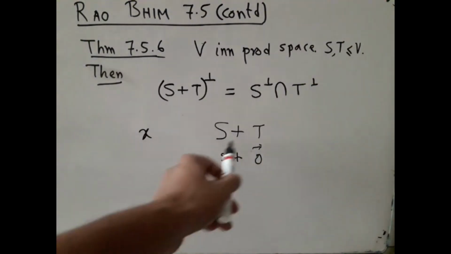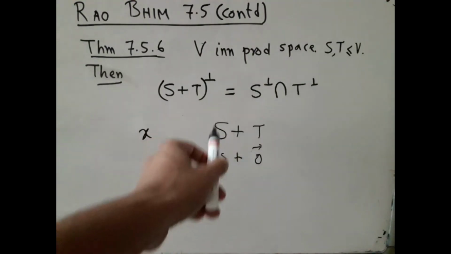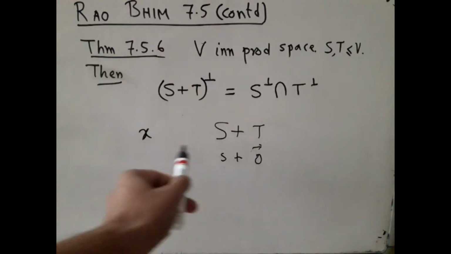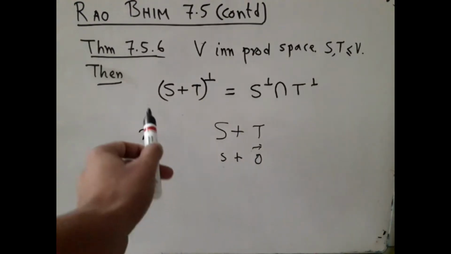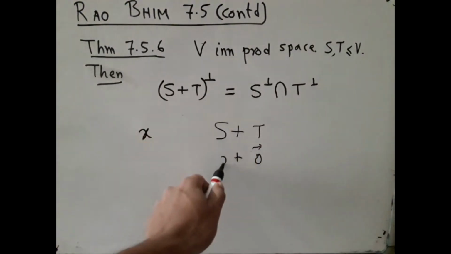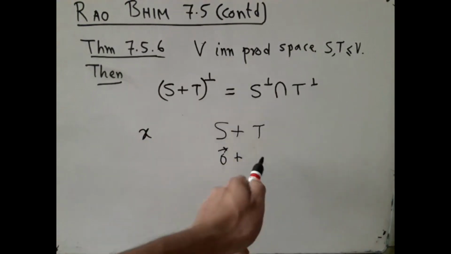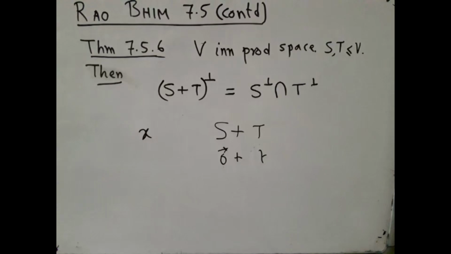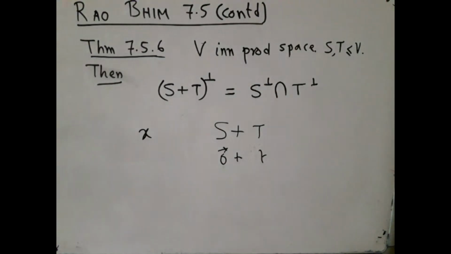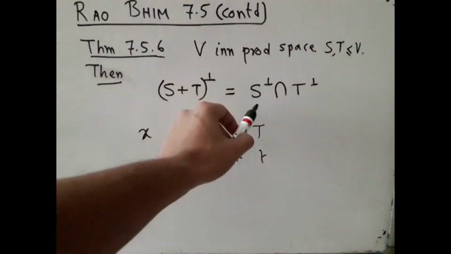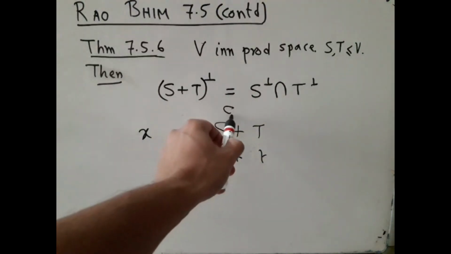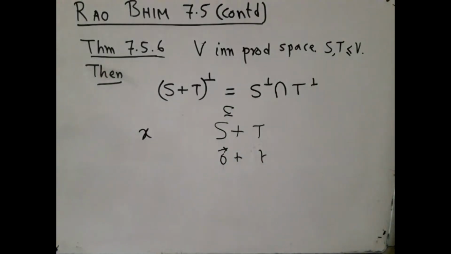In other words, the entire subspace S is already a subset of S plus T. So in particular, x must be orthogonal to S also, so x must belong to the orthogonal complement of S. By very similar reasoning, I can take s to be 0 and t to be any element of T, in which case x is also orthogonal to every element of T. So x also sits inside the orthogonal complement of T. Hence x is in both, hence in the intersection. So I have proved that the left hand side must be a subset of the right hand side.